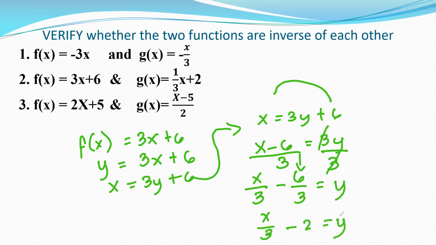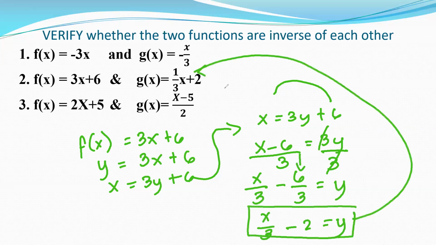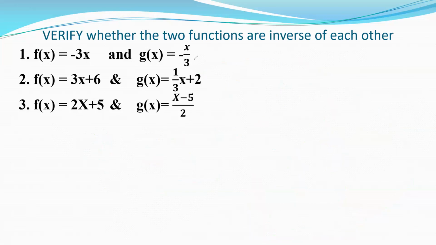And as you can notice, our answer is not equal with g of x. Therefore, they are not inverse of each other unless this minus 2 becomes positive 2. So, this is inverse. This is not inverse.